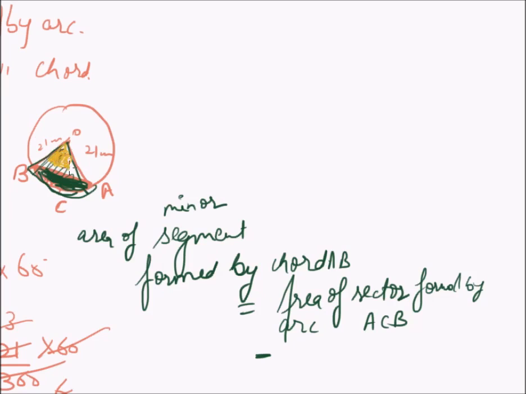So we will be subtracting this yellow portion from the area of sector. Now yellow portion is the area of triangle OBA.